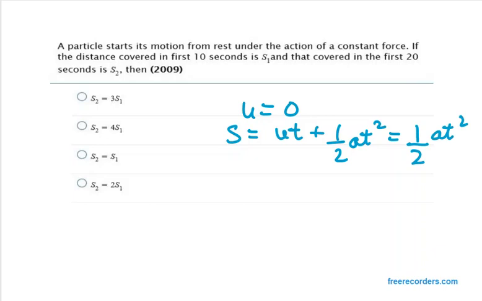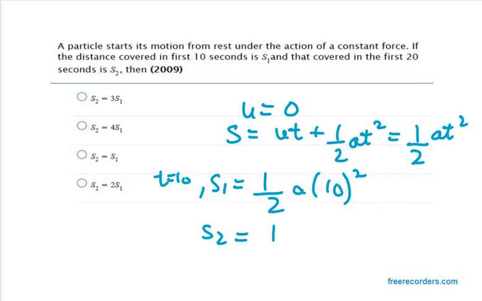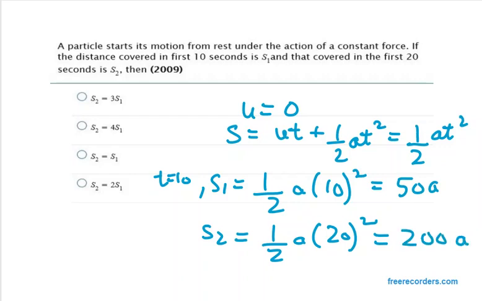Now I would be finding the distance traveled for 10 seconds. So S1 equals half a into 10 square, and S2 for 20 would be half a into 20 square. So this will be 50a, and this will be 400 divided by 2, that is 200a.